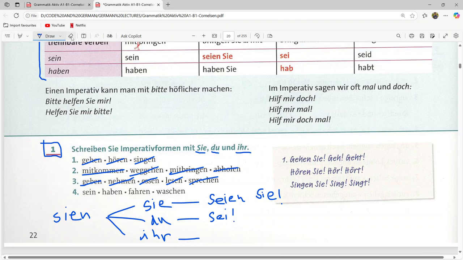Okay, here I made a spelling mistake, it is sein. Okay, and then in the er form it is just sein. Sein means to be.